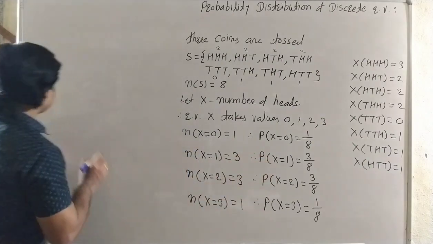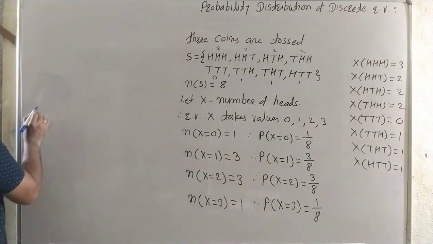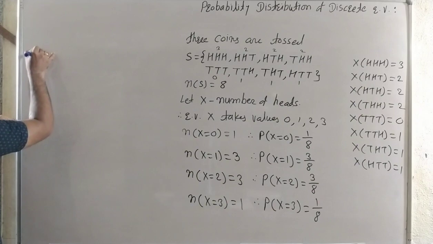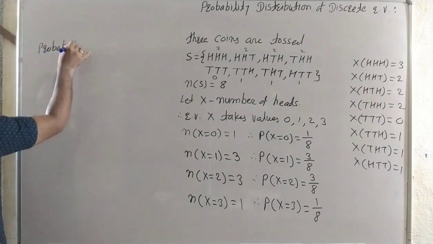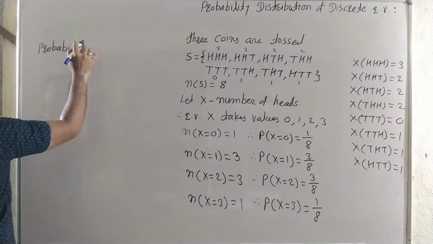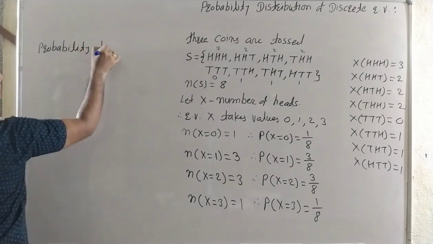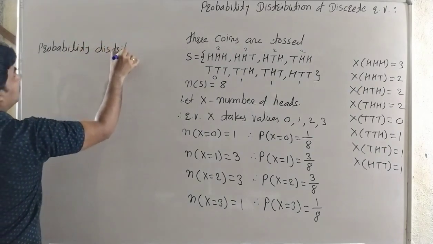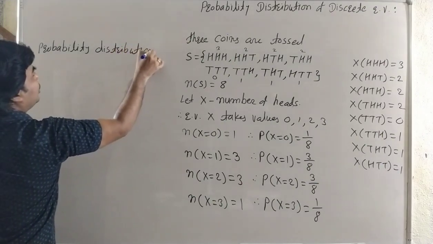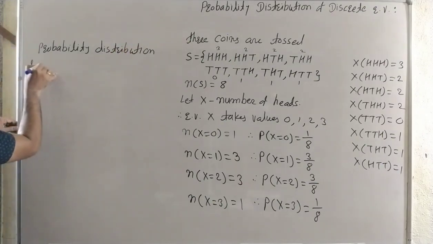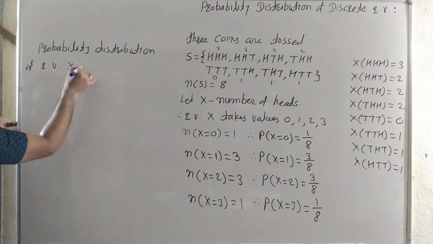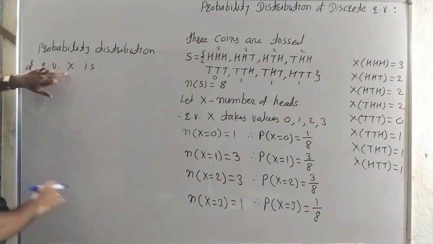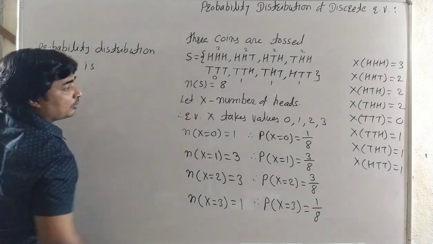See carefully. Here the probability distribution of random variable x is, see carefully, x is a random variable and the random variable is the number of heads.